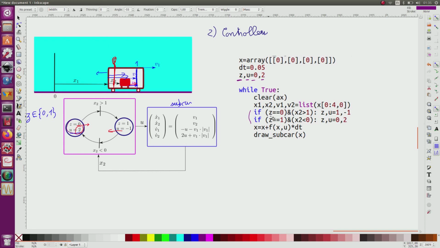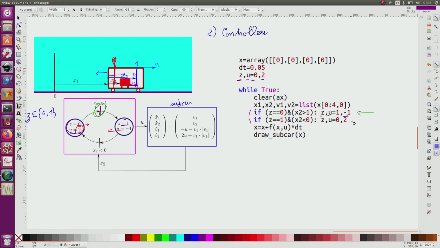Then, if z equal to 0, so if I am here, and if this transition can be validated because x2 goes beyond 1, then z is equal to 1, as suggested here, and the value of u is now -1. Okay, so this line corresponds to this transition.